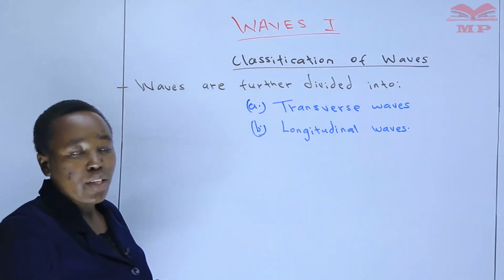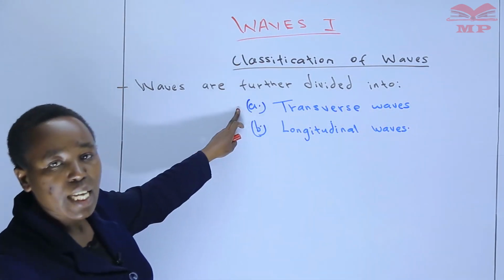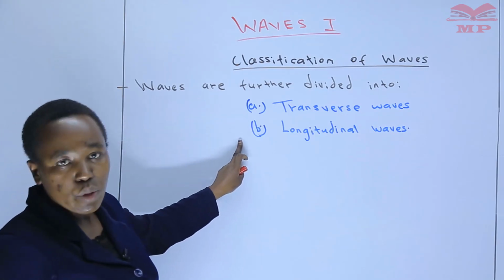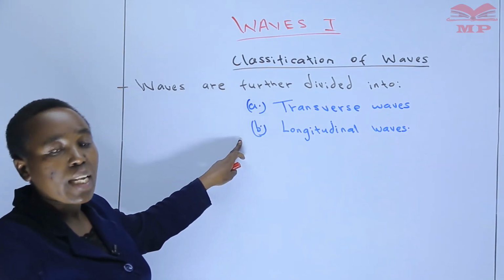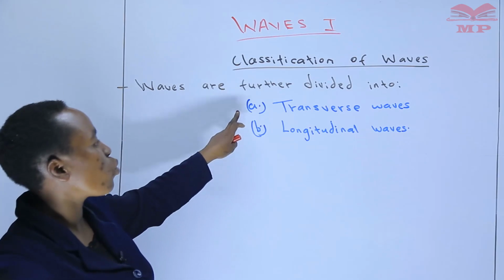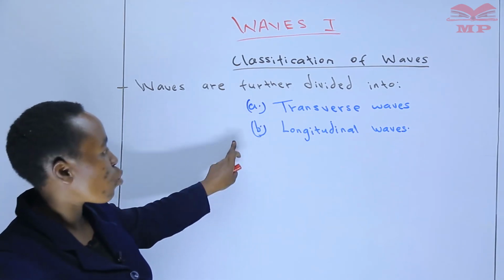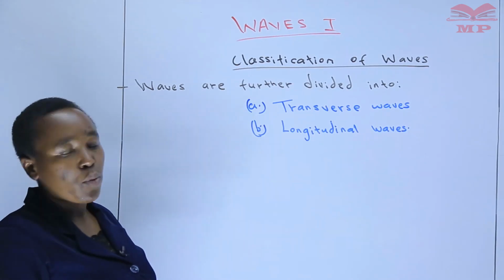So in this lesson, we'll be discussing transverse waves and longitudinal waves. By the end of the lesson, you should be in a position to define the two, giving examples.